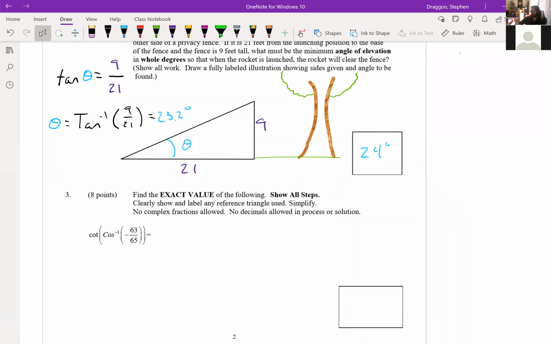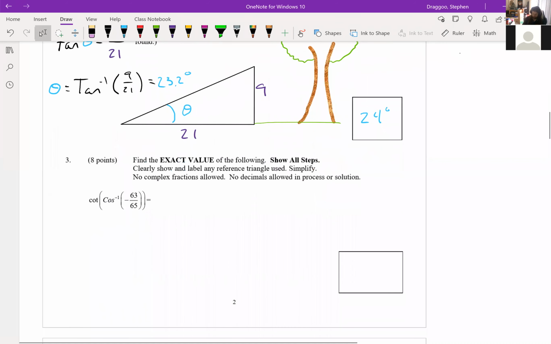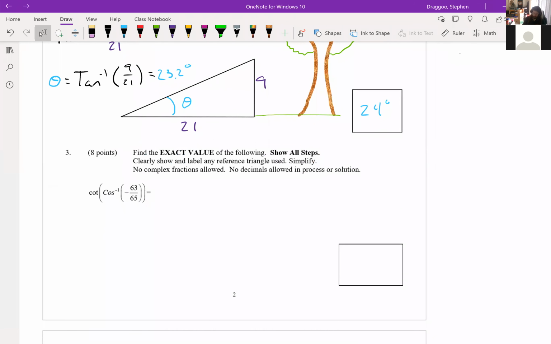Okay. Next, I'm trying to get the cotangent of the cosine inverse of negative 63 over 65. So, starting with the initial piece, I've got the cosine inverse of a negative number, which means that I'm going to be in quadrant 2.